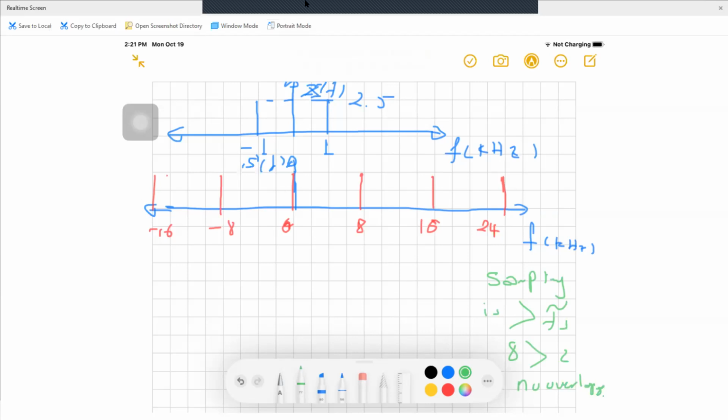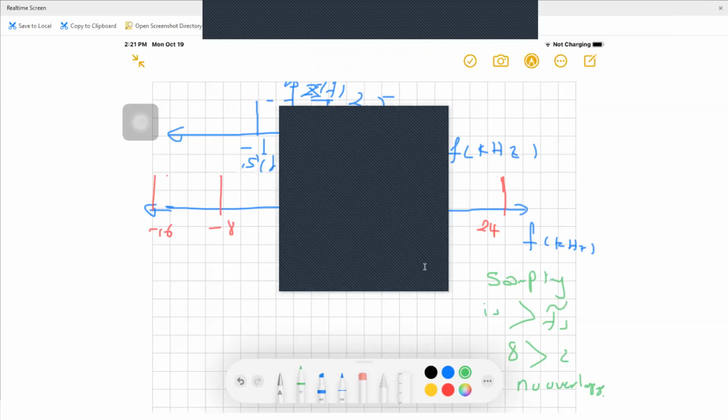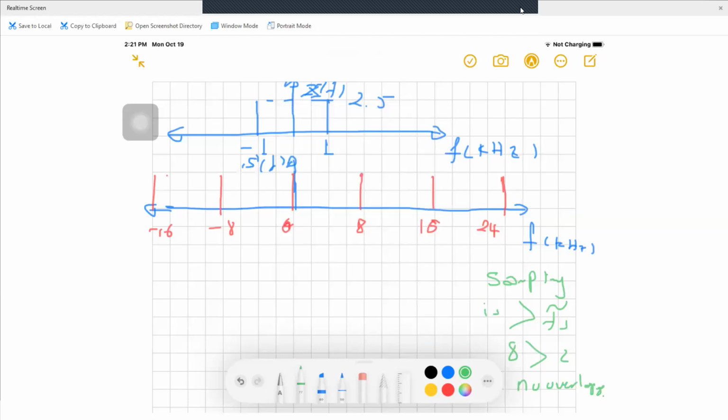As we know, the sampling frequency should be equal to or greater than the Nyquist rate to avoid overlapping and to recover our signal. What will happen if it is 1.5 kilohertz?